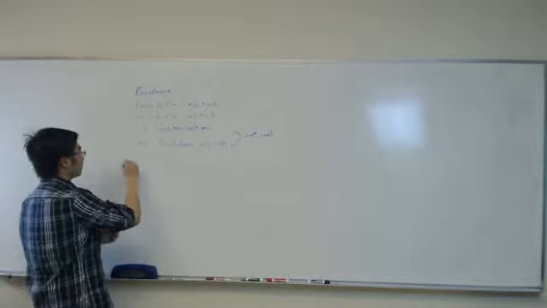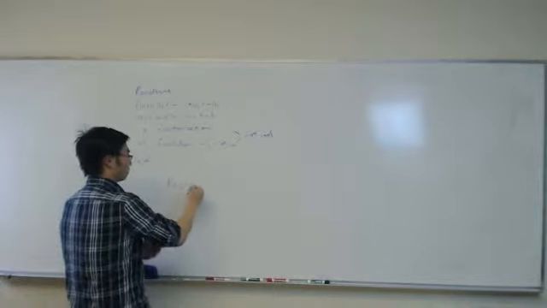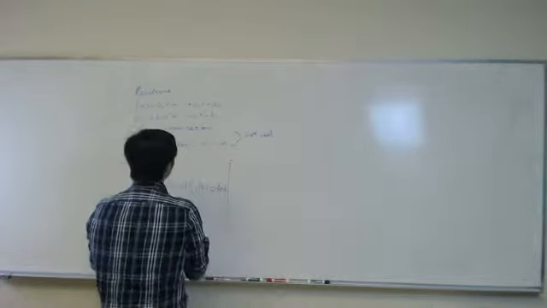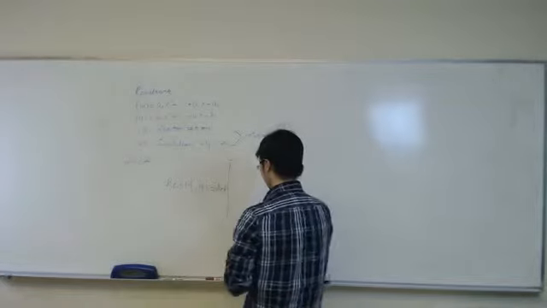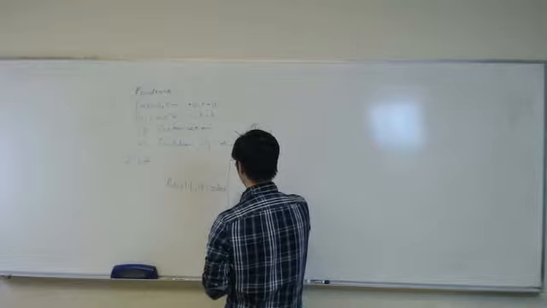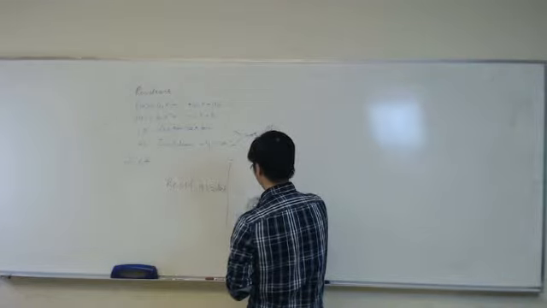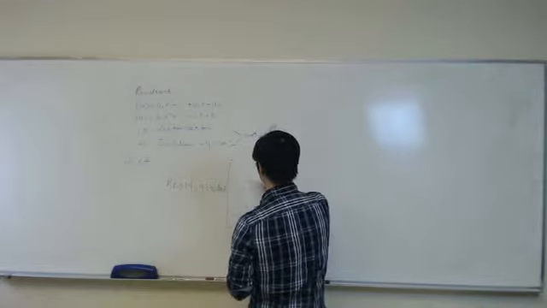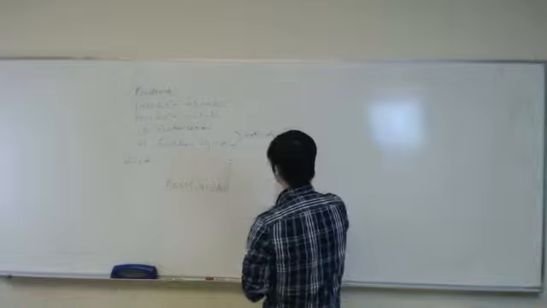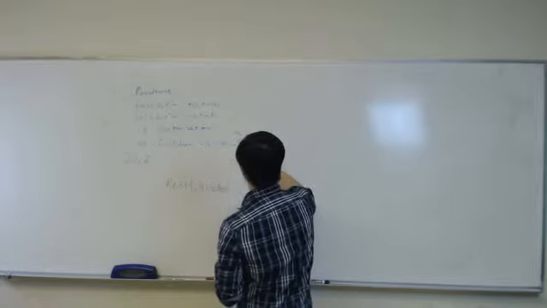So the definition of the resultant is the determinant of the matrix. In our case, it is: A0, A1, ..., AN, then A0, A1, ..., AN again, and so on, and this part should have n columns.